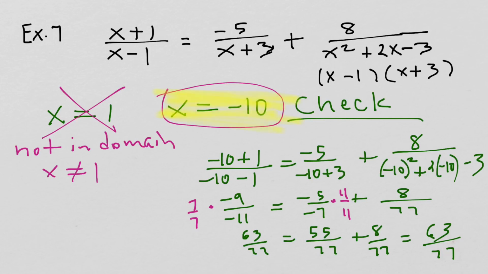So we have one solution, and this was an example of how you can be required to solve a quadratic equation in the end. And another thing that happened on this one is that one of the solutions was an extraneous solution. This x is equal to 1 ended up being an extraneous solution. So we have one solution, x is equal to negative 10.